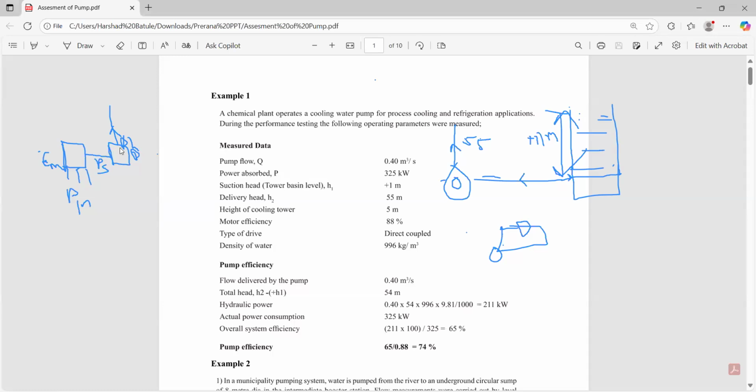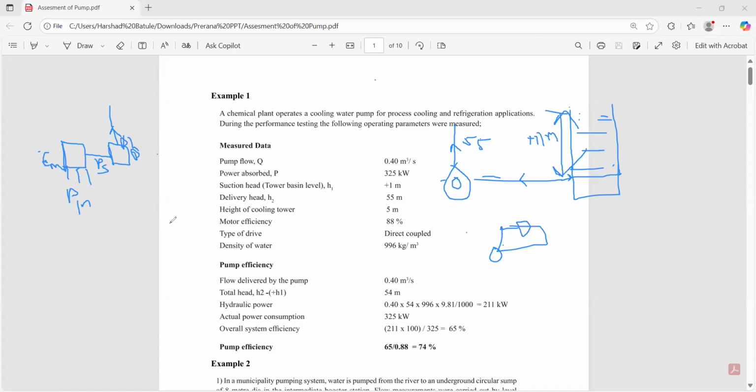Hydraulic power is given as 211 kilowatt. So from 325, only 211 kilowatt is transmitted. Hydraulic power divided by shaft power is the efficiency of the pump, which means 211 divided by 286.